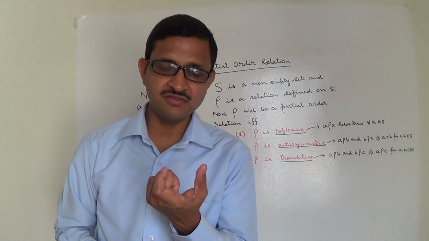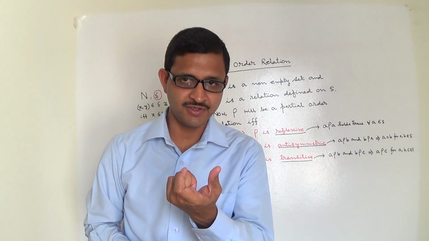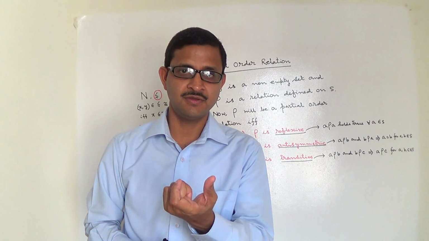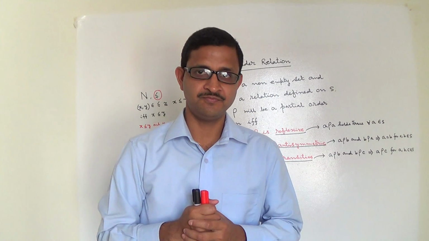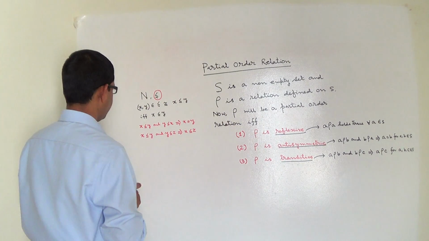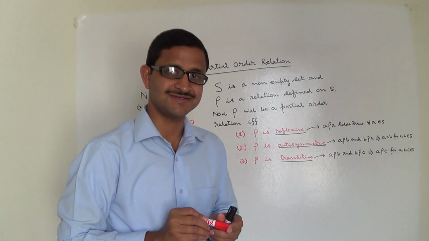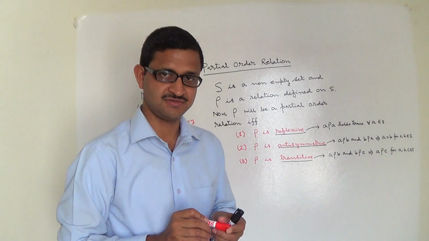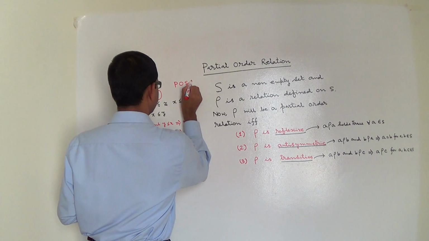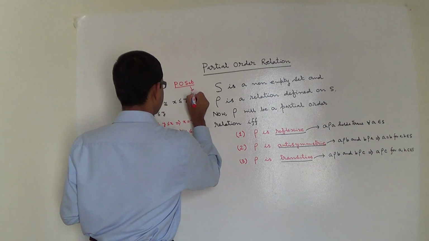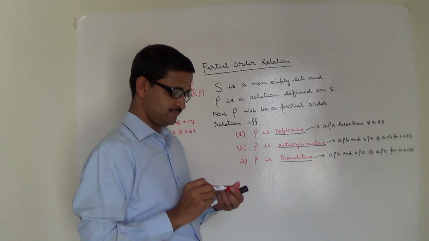So the less than equal to operator on any set of natural numbers or real numbers is a partial order relation, and this pair S and rho is known as a partial order set, or poset. A poset is the set and the partial order relation together.